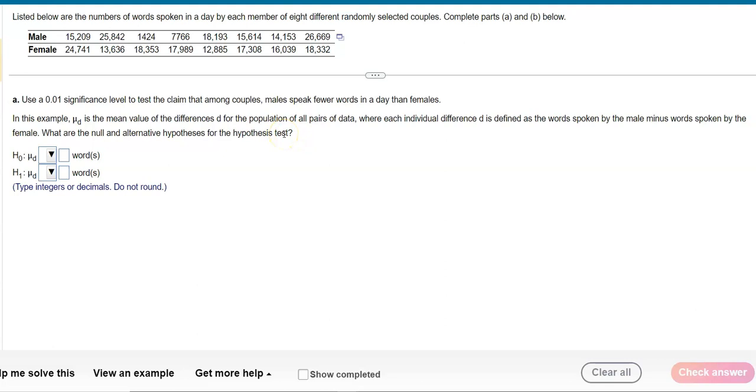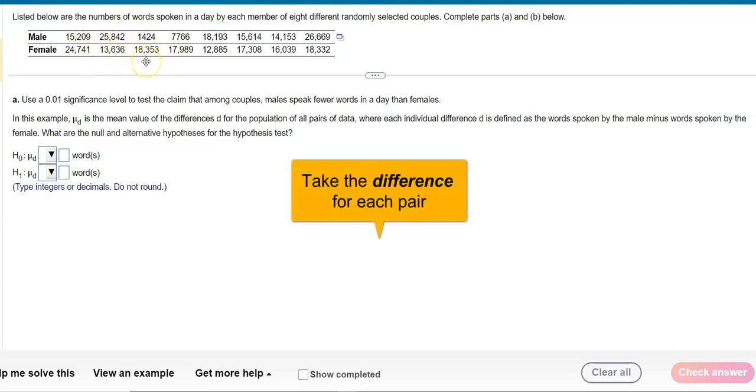So that was very wordy, but basically what we're doing here is, instead of looking at these men as if they're one sample and these women as if they're a totally different sample, we're going to actually take the differences in the number of words that they spoke and figure out if that difference is meaningful or not.